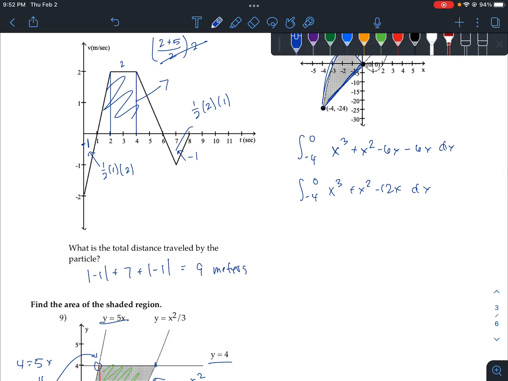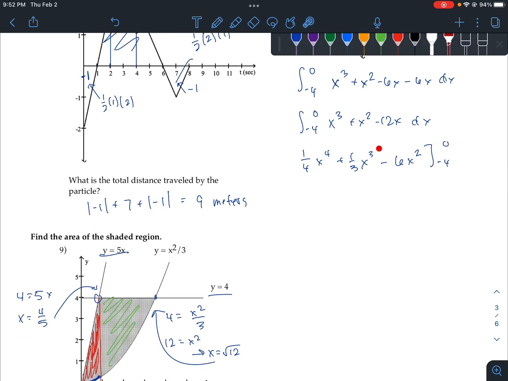Okay, so the antiderivative is going to be 1/4 x to the 4th plus 1/3 x to the 3rd minus 12 divided by 2, that's going to be 6x squared. And this is from -4 to 0. I'm going to go ahead and give this a go. If I plug in my upper bound, I'm just going to get 0. So 0 minus, and then I'll plug in -4, so I get 1/4 times -4 to the 4th, plus 1/3 times -4 to the 3rd, minus 6 times -4 squared.